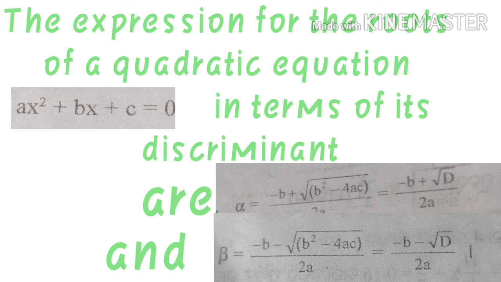The expression for the roots of a quadratic equation ax² + bx + c = 0 in terms of its discriminant D = b² - 4ac are alpha = (-b + √(b² - 4ac))/2a = (-b + √D)/2a, and beta = (-b - √(b² - 4ac))/2a = (-b - √D)/2a, where D is the discriminant.